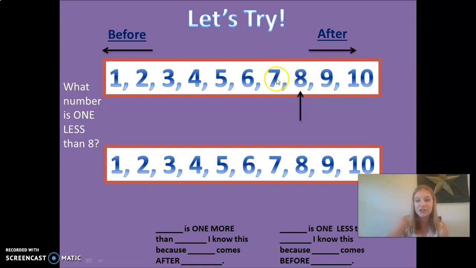The number right next to it on the left is 7, and the number right next to it on its right is 9. If it's one less than 8, it needs to be on this side, which tells me that 7 is one less than 8. So let's put that in our sentence frame. 7 is one less than 8. I know this because 7 comes before 8.